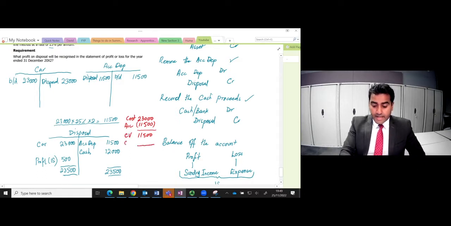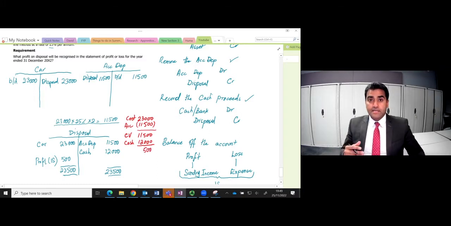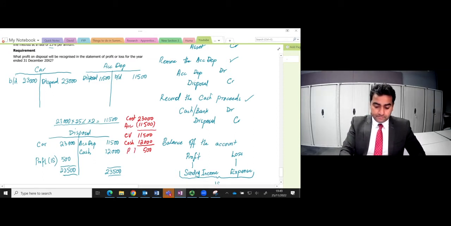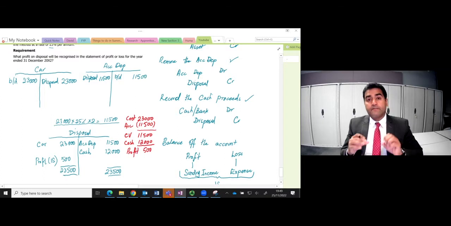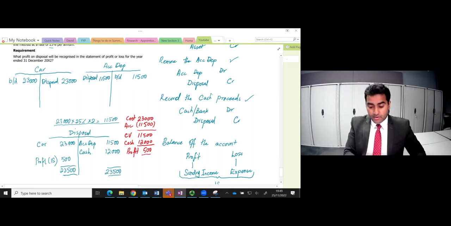How much cash have I received? I have received £12,000 cash, so the difference is 500. You can see that the carrying amount of the asset was 11,500, and I have received £12,000, which is more than the carrying value. So I have made a profit on this asset.